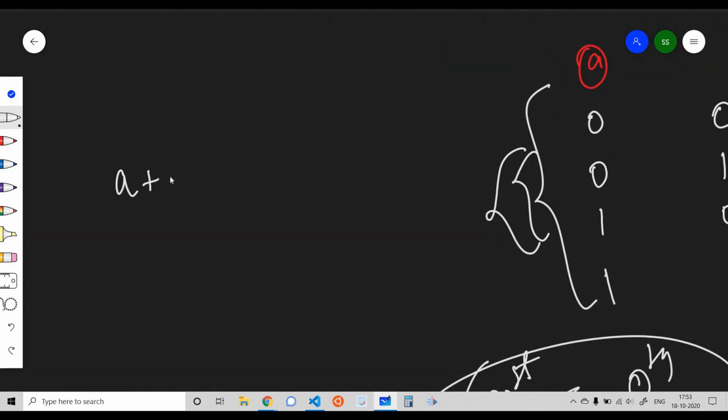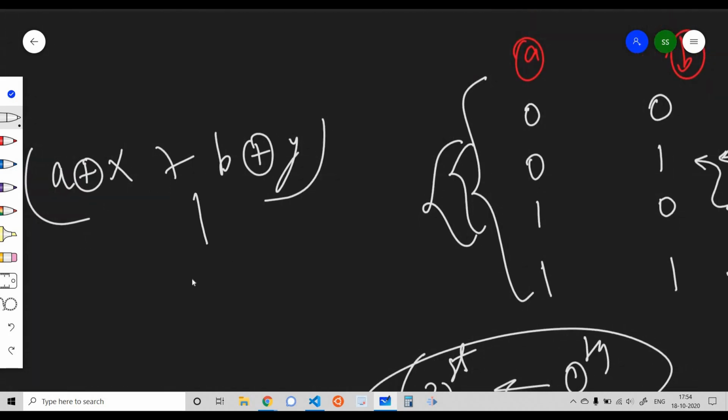The equation is a XOR x plus b XOR x. Only in these two cases it would be generating a term of magnitude 1 left shifted by i. In all other cases the answer would be 0.